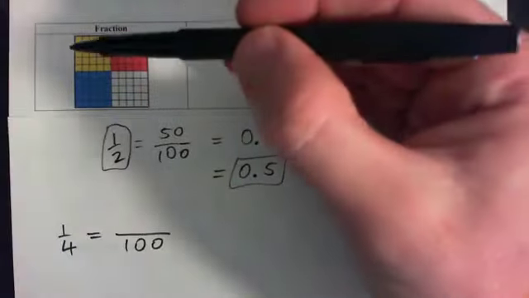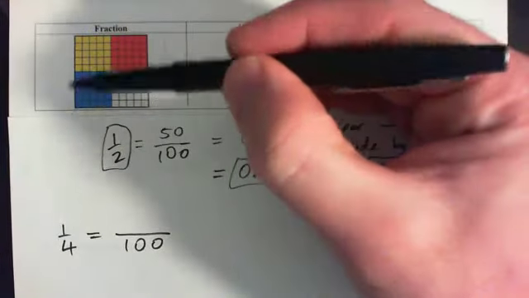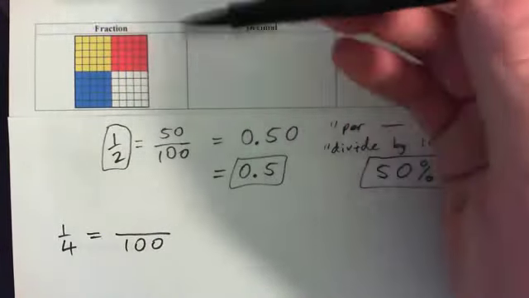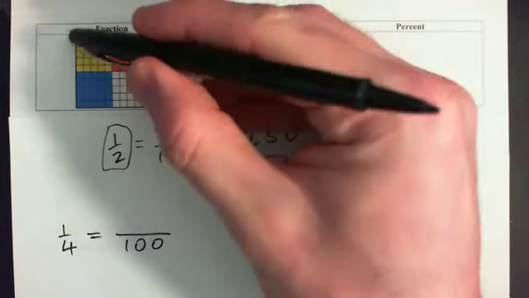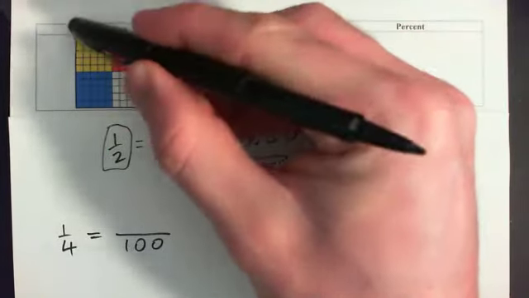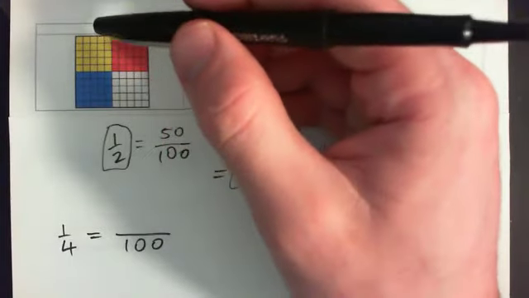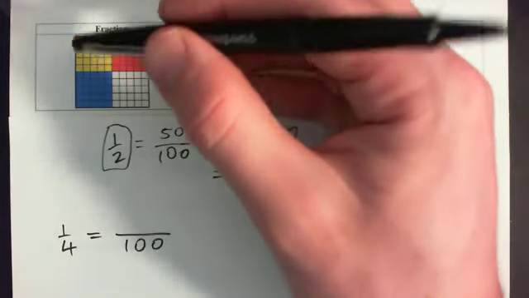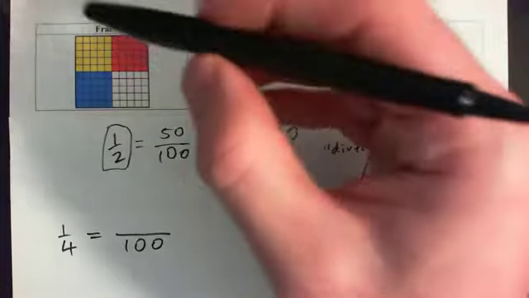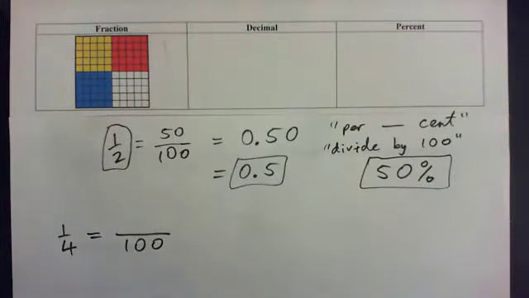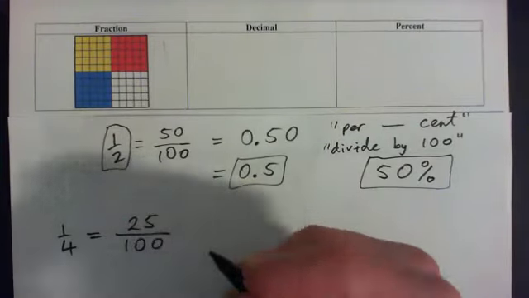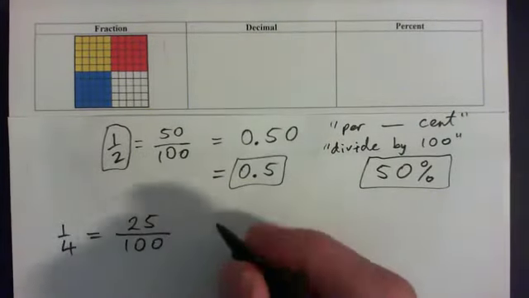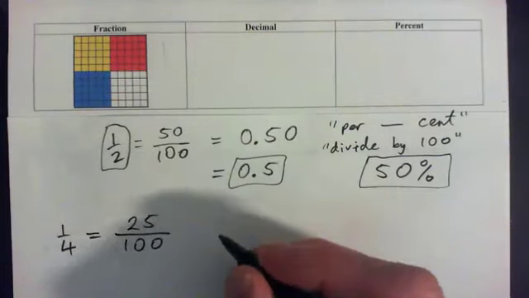Because this box here has 100 little squares in it. 1/4 of this box would be what? Let's say the yellow squares. So how many little squares out of 100 is 1/4? How many yellows do we have? We have 25. Now 25 hundredths is what we have, 25 out of 100.